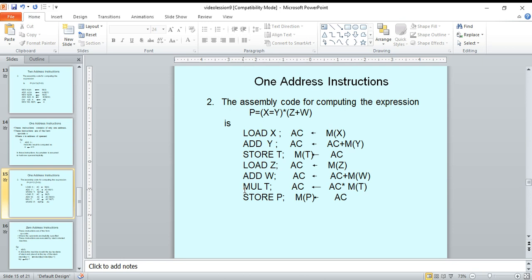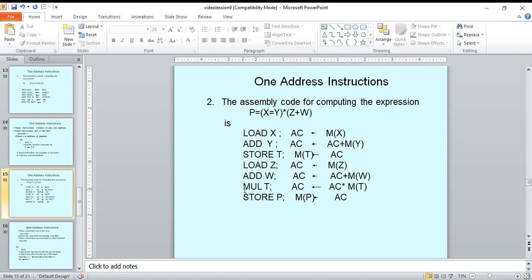Before going to that, we have to load y into the accumulator register. For that, use the load instruction. Load means we are loading the data from a memory location to the accumulator.